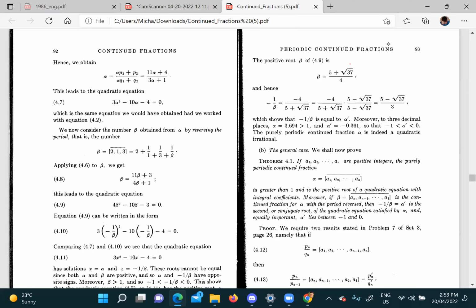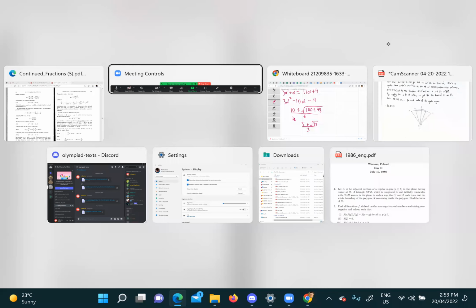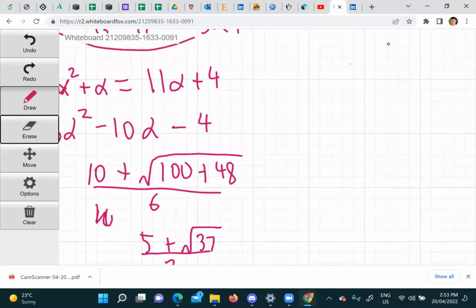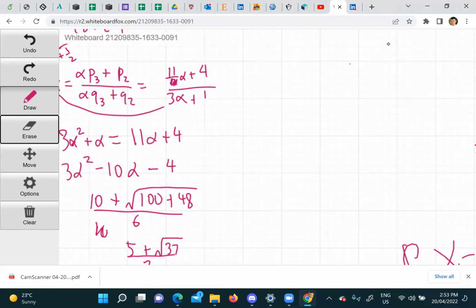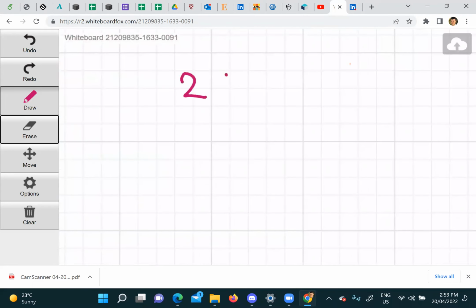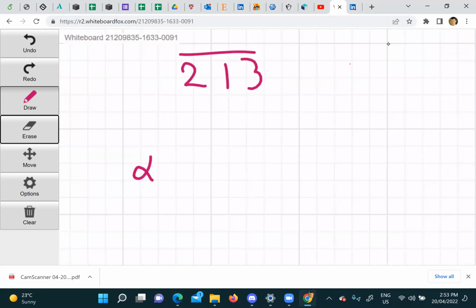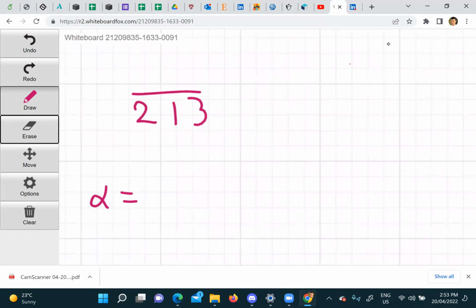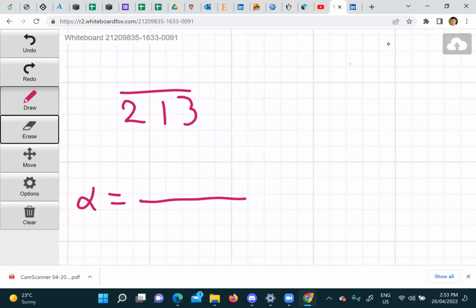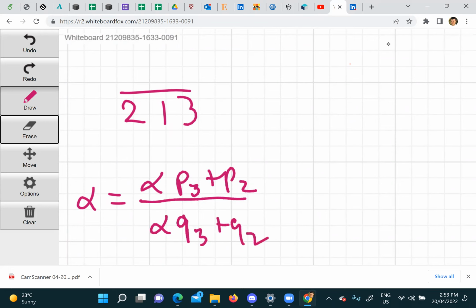So let's just do it. So if you do 213 repeated, you have alpha equals... remember we just need to calculate the convergents. That's (alpha P3 plus P2) on (alpha Q3 plus Q2).